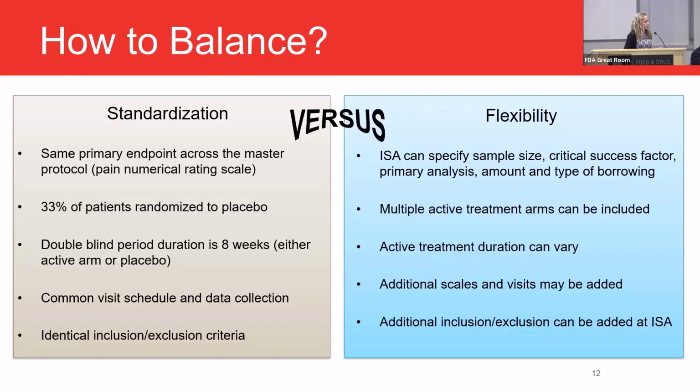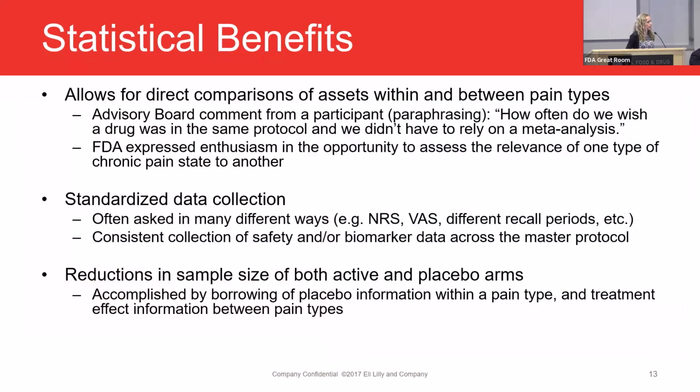There's been a number of statistical benefits from this. I think probably this top one is one of the most important ones, where we're able to directly compare within and between pain types. We had an advisory board before the master protocol formally started, and one of the members was commenting how often do we wish a drug was in the same protocol and we didn't have to rely on meta-analysis.